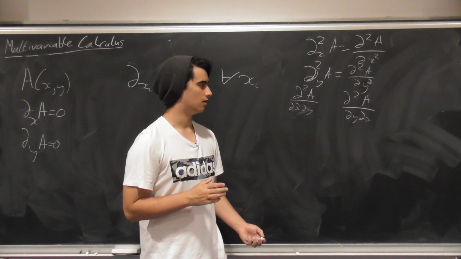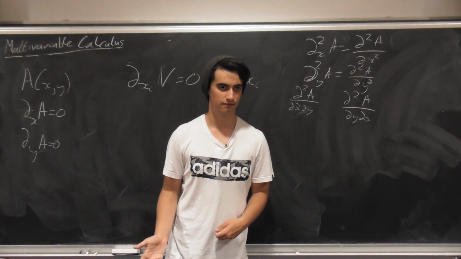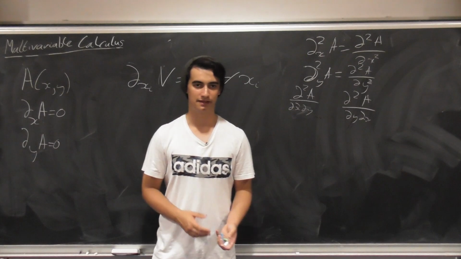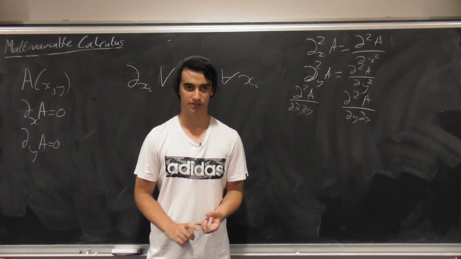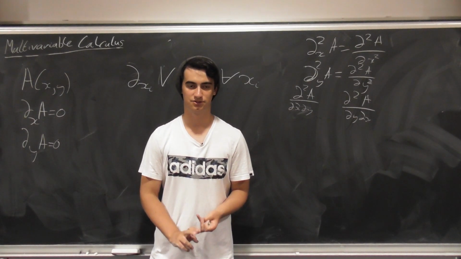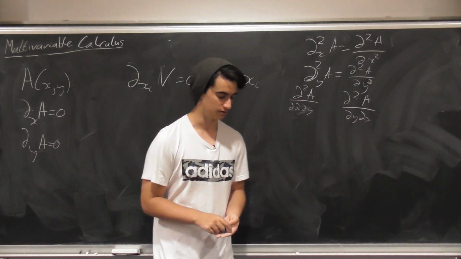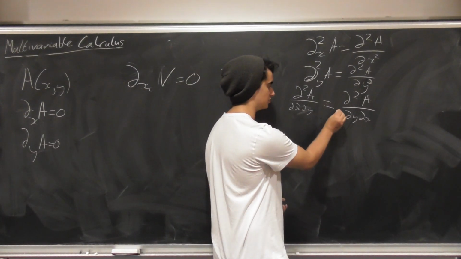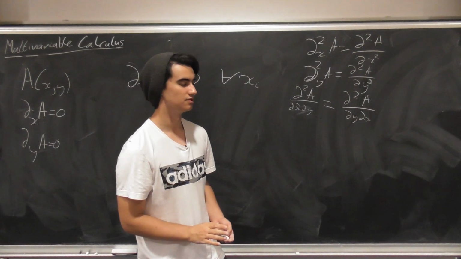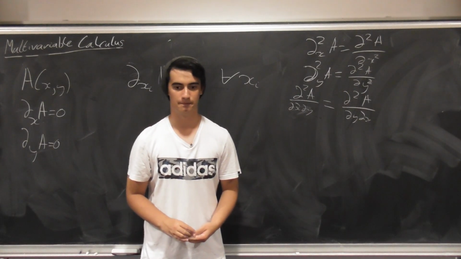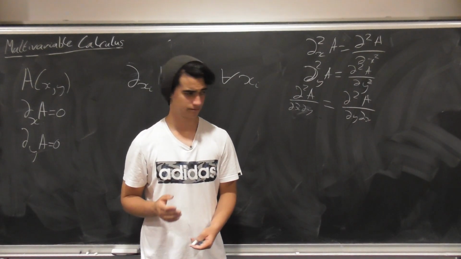And that depends on the function itself. So if a is continuous itself and its derivatives are continuous, I think, we can basically say that these are equal. So with all well-behaved functions, we can say that these are equal, and they don't really make a difference.